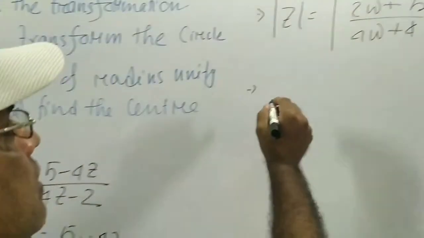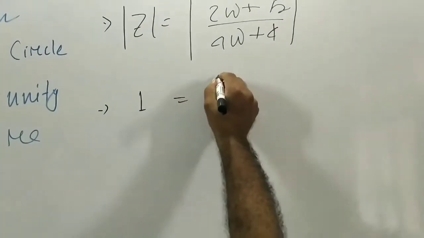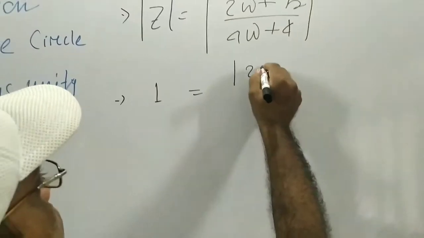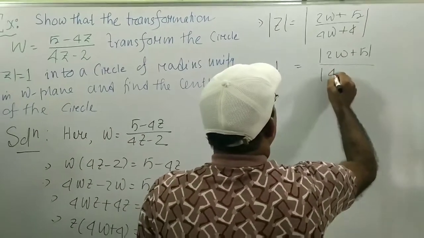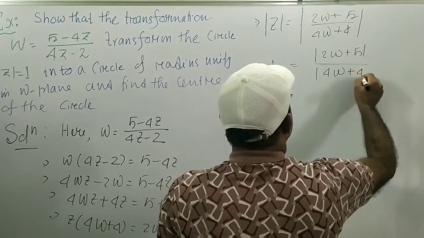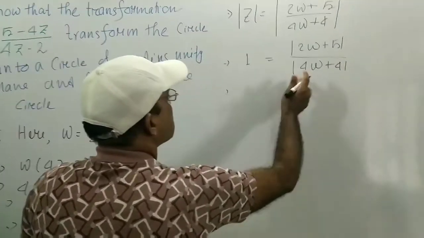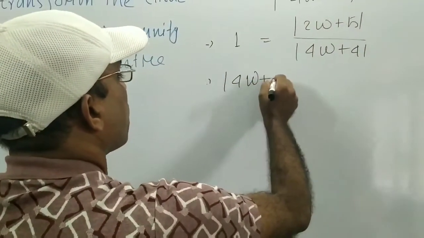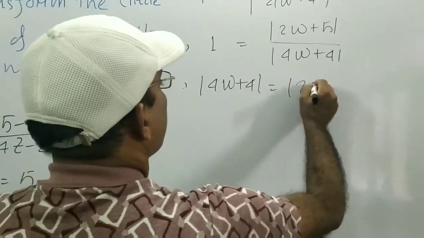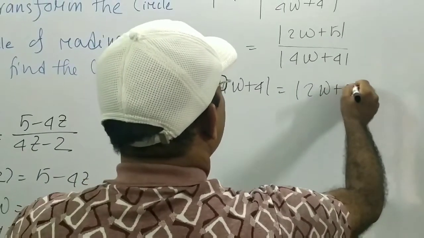So 1 equal to the modulus of (2w plus 5) by (4w plus 4). Separating the modulus, we get mod (4w plus 4) equal to mod (2w plus 5).